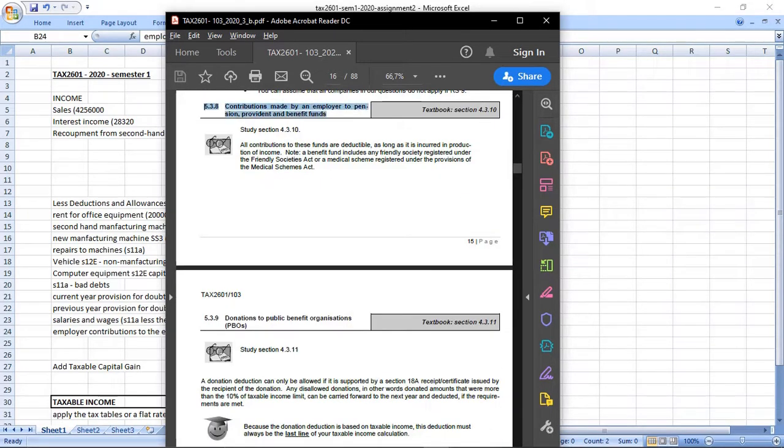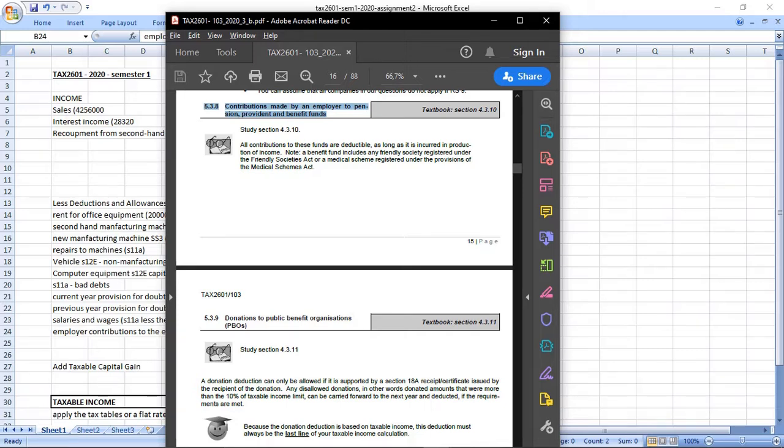There's the note in your textbook. Contributions made by an employer to pension, provident, and benefit funds. You can clearly see here that it's the employer making the contribution to the employee's provident, pension or benefit fund. So all contributions to these funds are deductible, as long as they are incurred in the production of income.